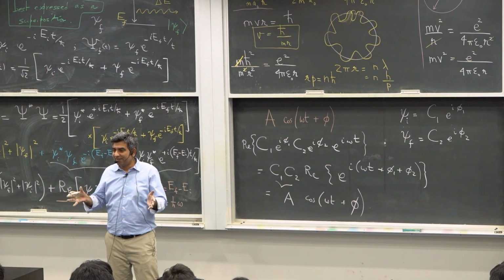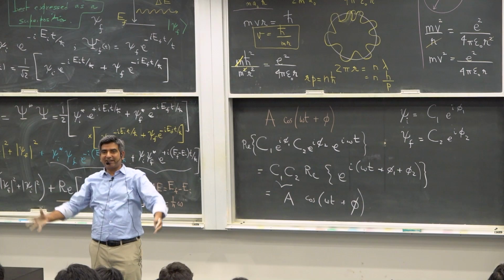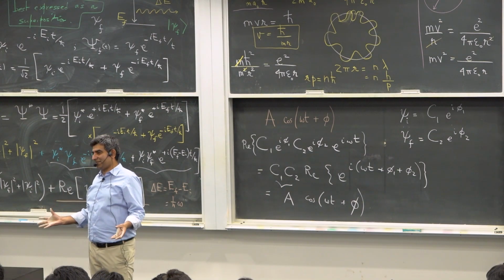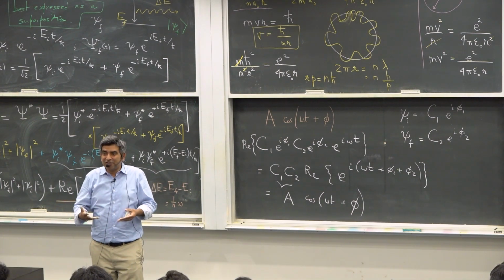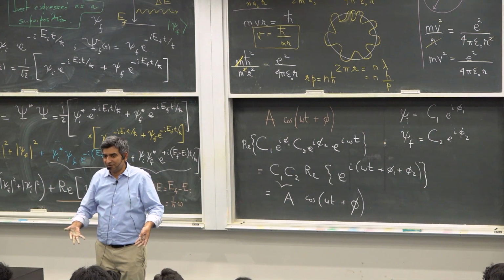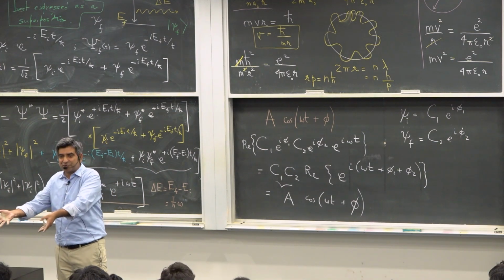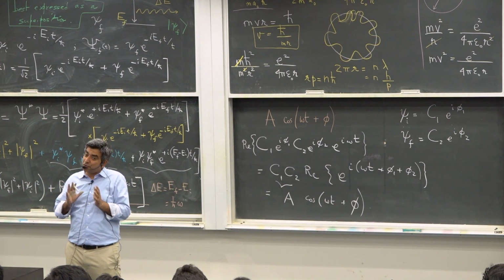Got it? So an electronic probability density function inside a hydrogen atom really corresponds to the charge density of the electron. Where does the charge lie? Because an electron is manifest by its charge. Wherever the electron is, the charge will be there. So it's really the charge density of the electron that you're looking at.